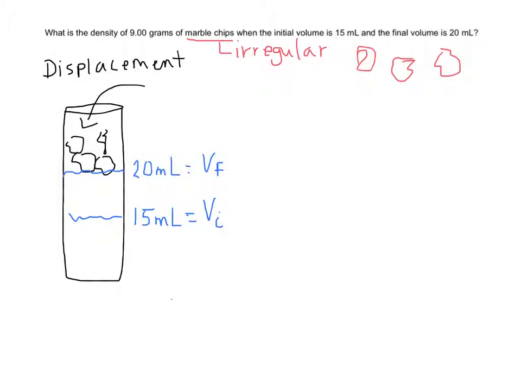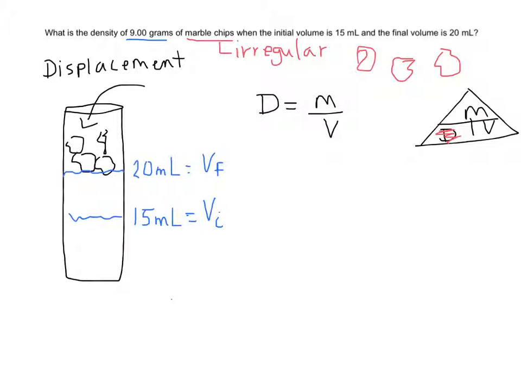We also know density is equal to mass over volume. Remember our triangle? If I want to cover density, you have mass over volume. We have our mass. Our mass is 9 grams. We need to figure out our volume.